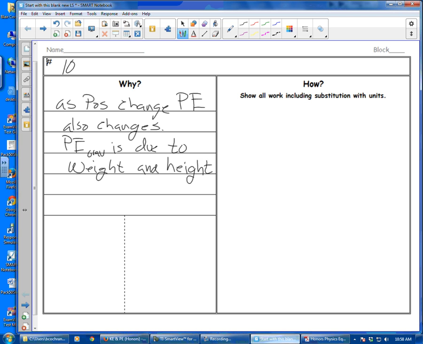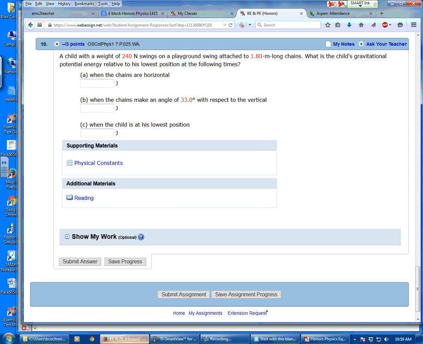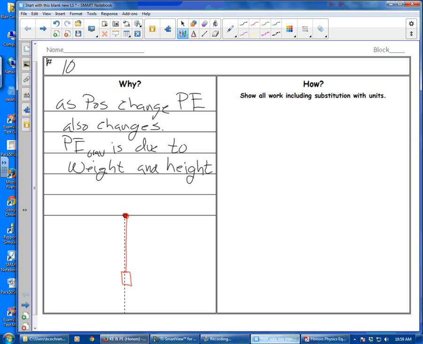The other thing I probably would do, and I might do it here in my Y, is draw a picture. So let's do this in red. There's my child on a swing. And they tell me the ropes are 1.8 meters long. And so at some point, the child is up here.